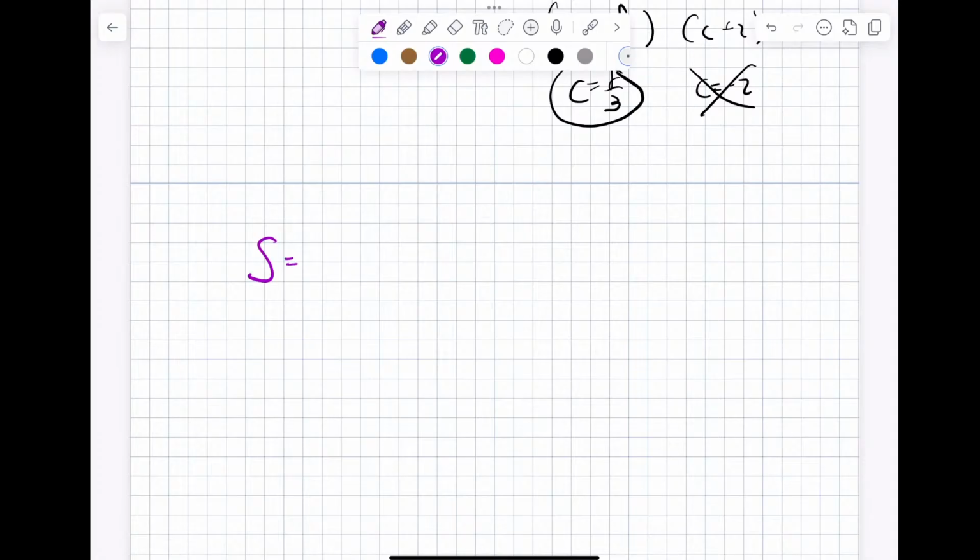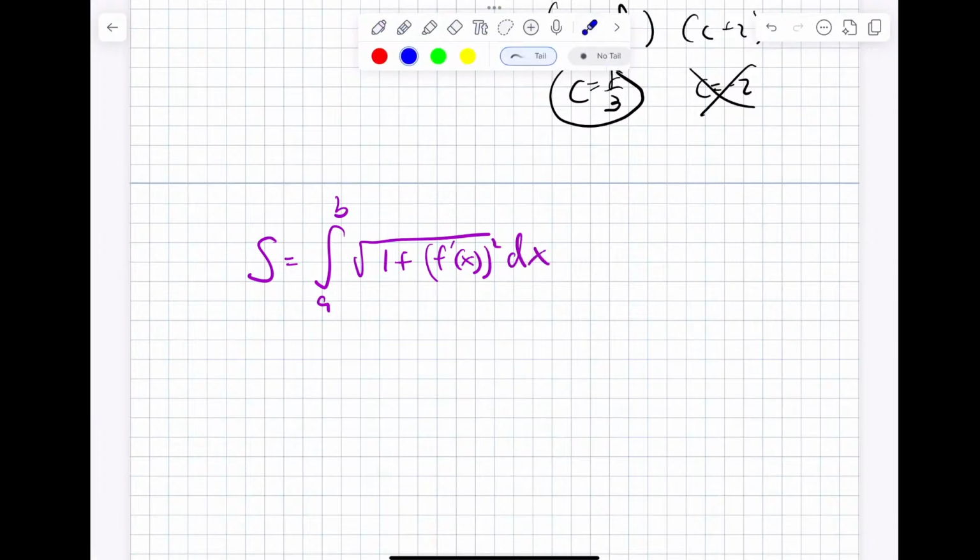You just have to memorize this equation, from a to b, the square root of 1 plus f prime squared. You have to make sure that this is a prime, and you have to make sure it's squared. Don't forget those. Now this is arc length, like from here to here.